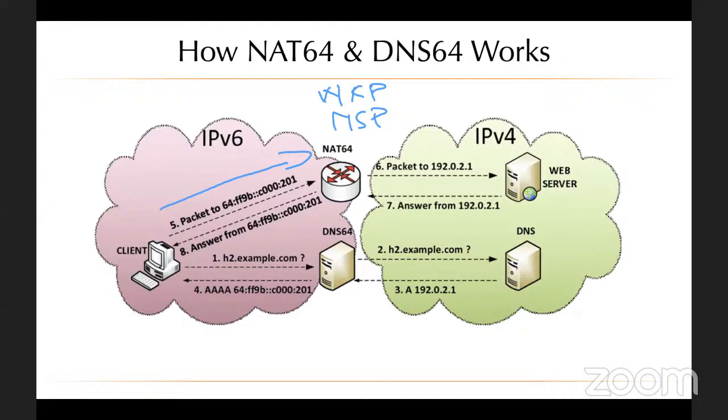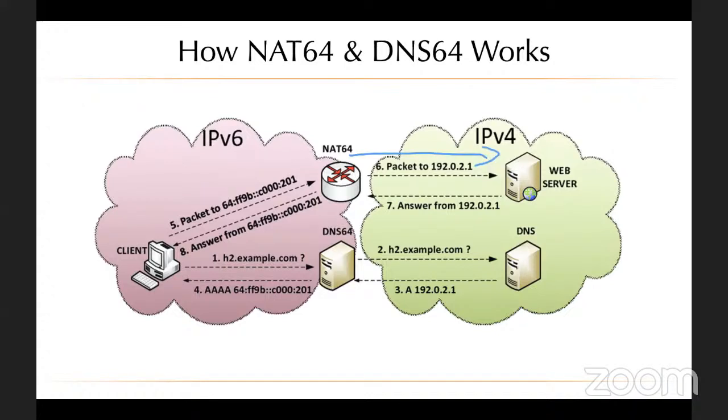So the NAT64 device receives the packet and then does the translation from v6 to v4, translates the header from v6 to v4, and then translates the addresses, source address and destination address. Then once that's done, the NAT64 device is going to forward the packet to the web server.